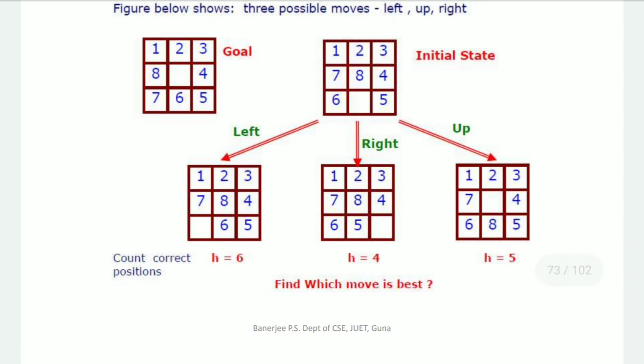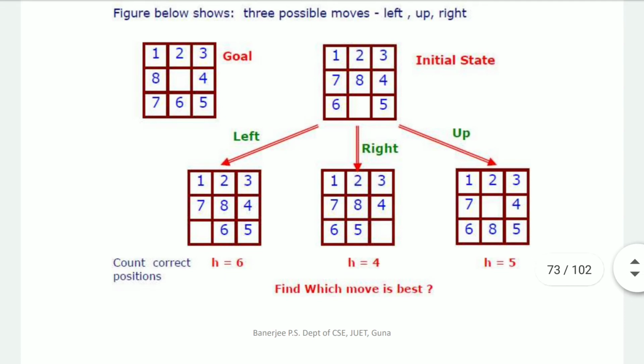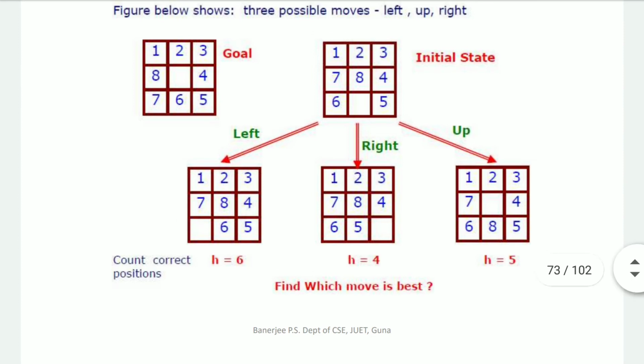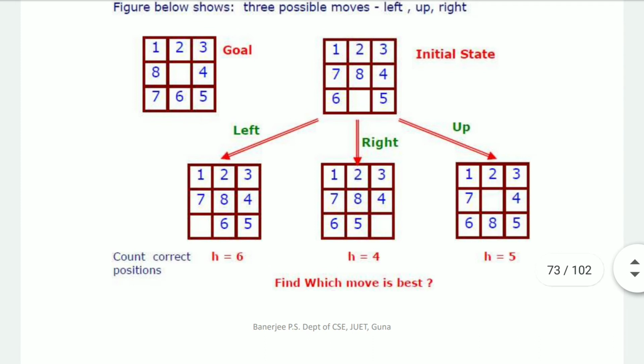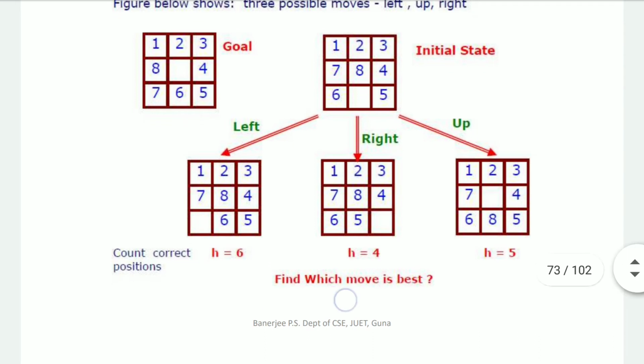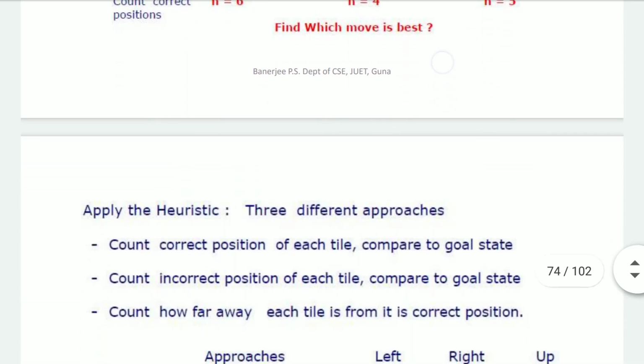Here, if I ask you a question, then obviously the best move will be the left move, because this gives me an H value of 6. That means more and more elements are at the right position, that means at a better position, by moving the blank element towards the left. Done. So one of the questions of my heuristics approach for this 8 puzzle problem has been answered. Let us see further.